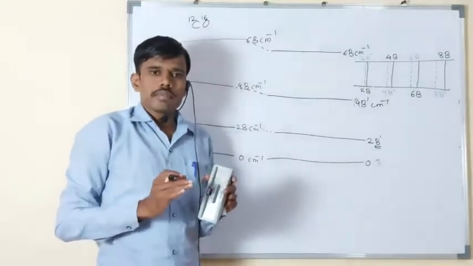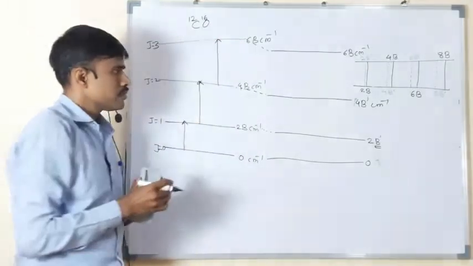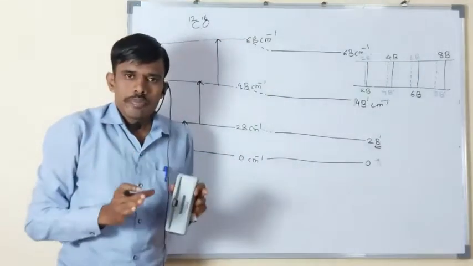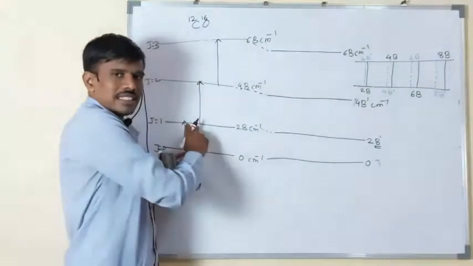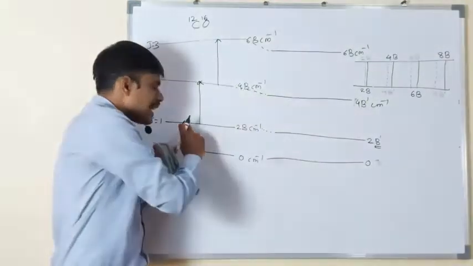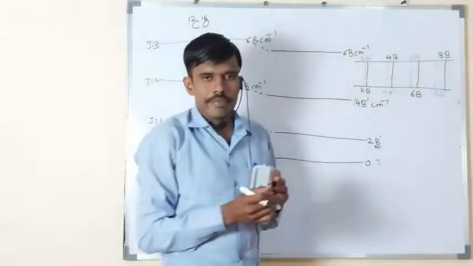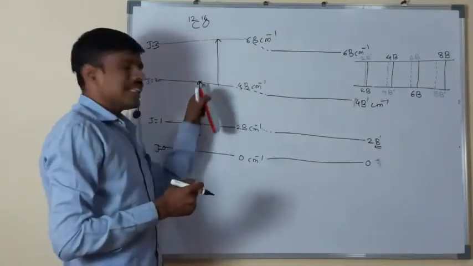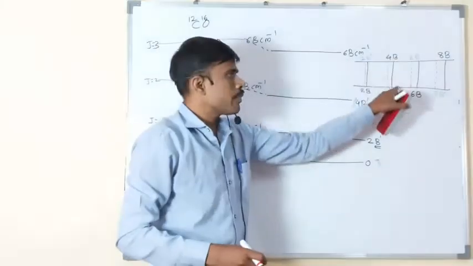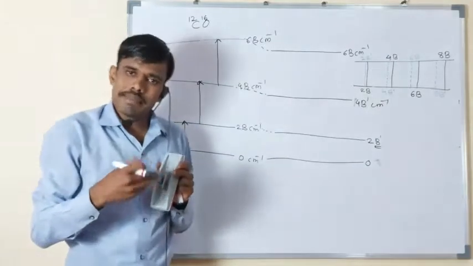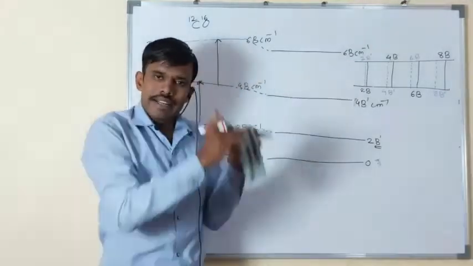So what happens here? After transition of molecule from one energy state to another energy state, the first line is observed at 2B. After transition from J equal to 1 to J equal to 2, the second line is observed at 4B, and so on. Similarly, after replacement of one of the atoms, the energies of energy levels decrease.